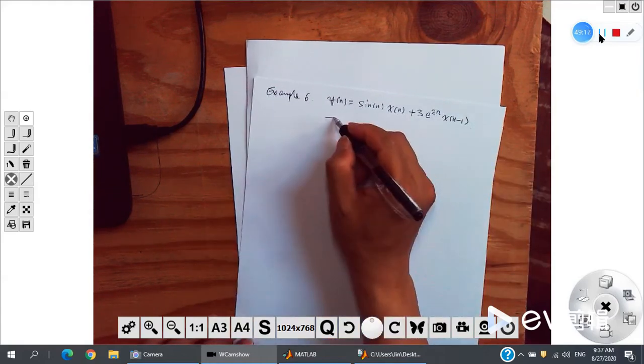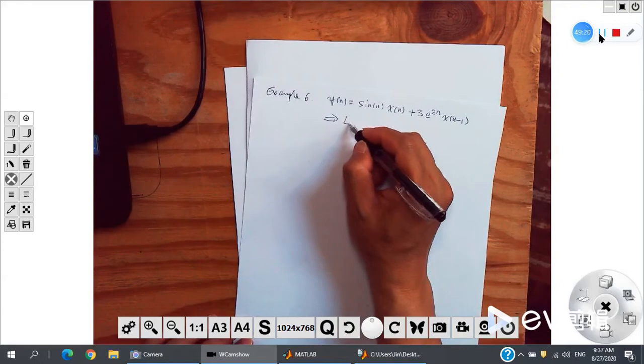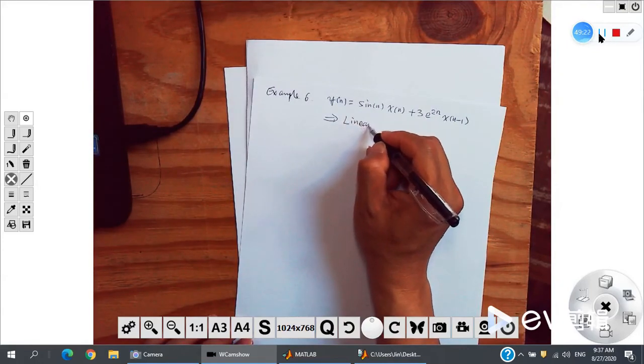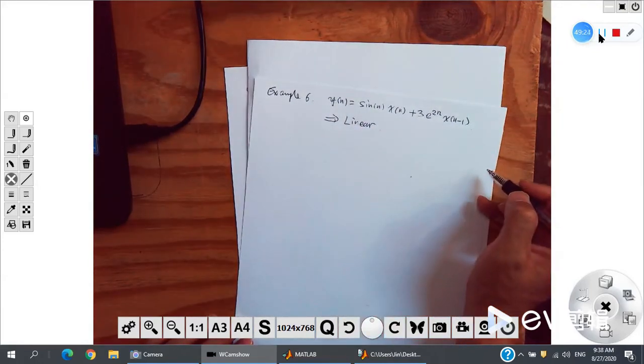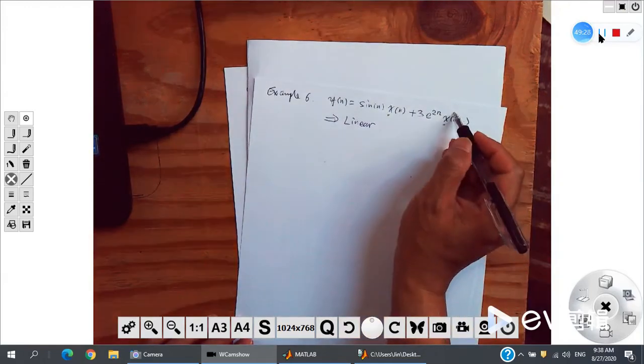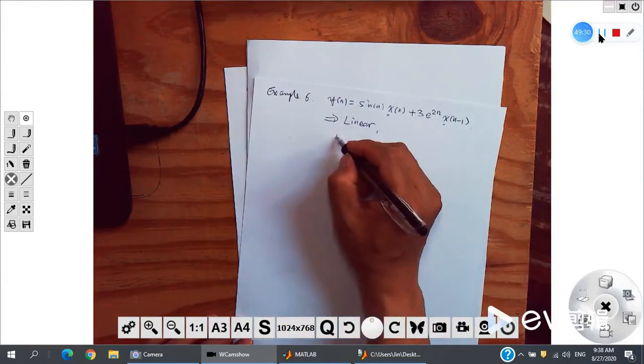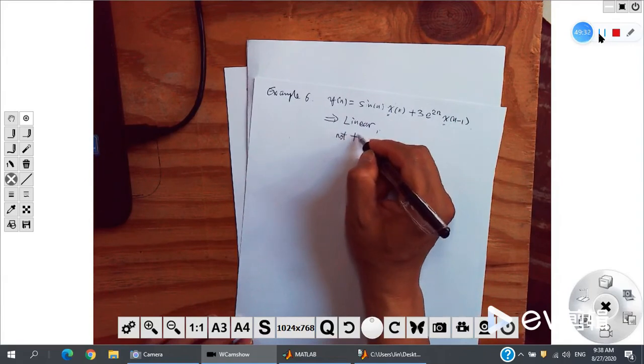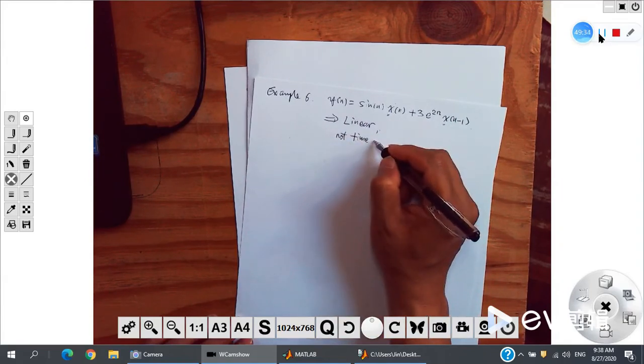This one, it is linear, because you check x, the power of x is just 1. So this is linear. But not time invariant.